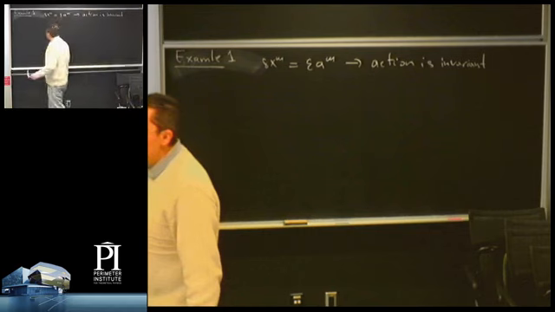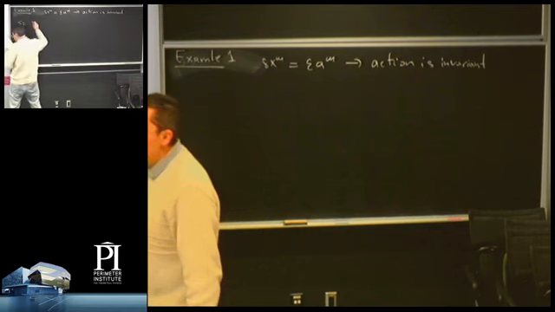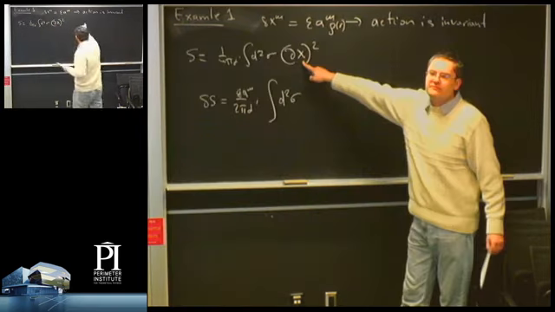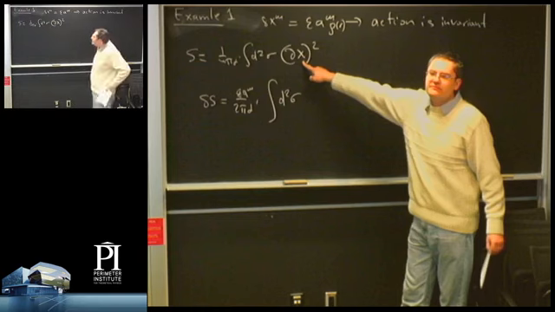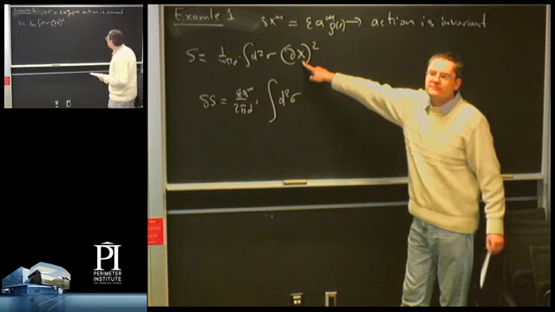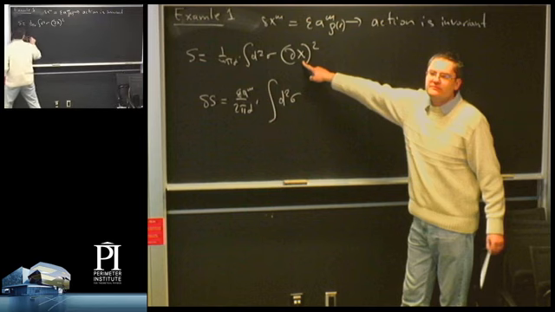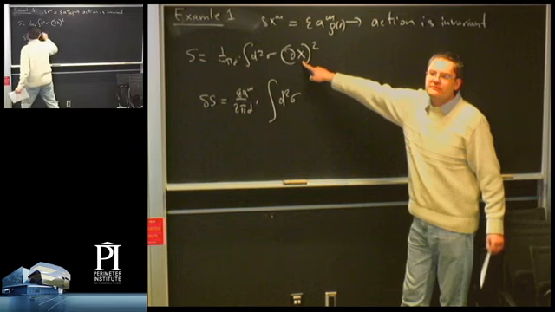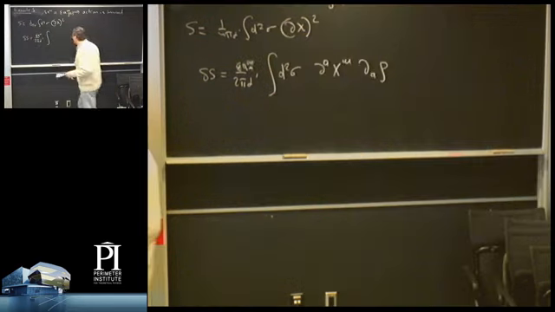Let's see this explicitly. We start with the action, which is 1 over 4π α′ ∫d²σ ∂x squared. In order to derive the current, we need to add a function ρ(σ), which has compact support. When we do that, δS will be 1 over 2π α′. Since ε^μ is a constant, I pull it out in front, and then I have an integral of d²σ.